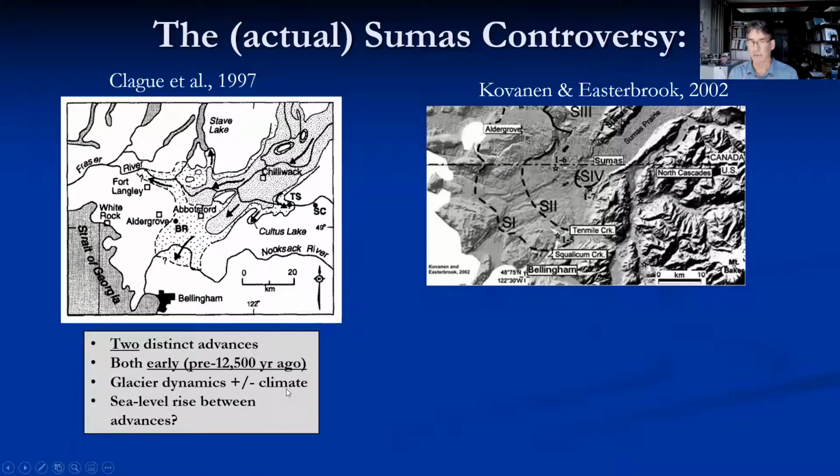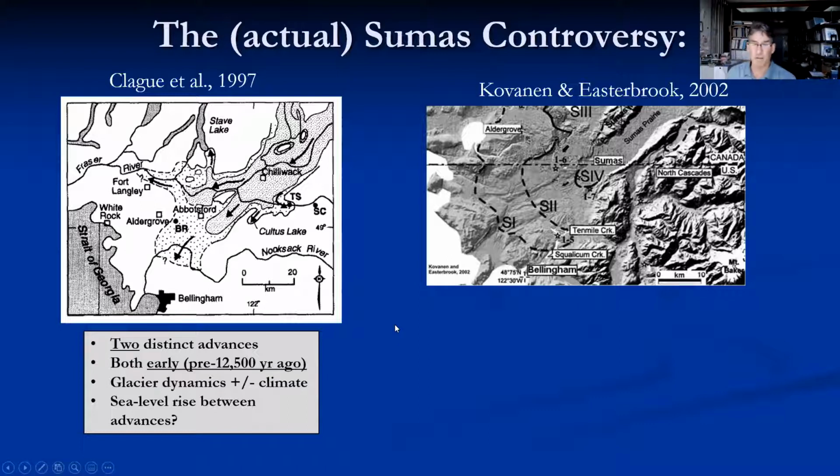It wasn't clear what the actual cause was because their timing suggested that it was during an interval where climate shouldn't have necessarily caused an advance by itself. And one other element of their model is that there is a sea level rise between the two advances. So the glacier advanced once, retreated, sea level came up, and then there's a second advance in that time frame.